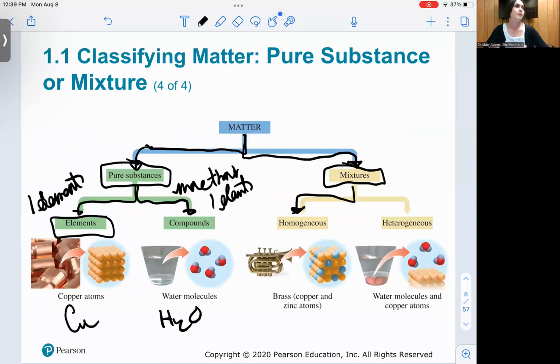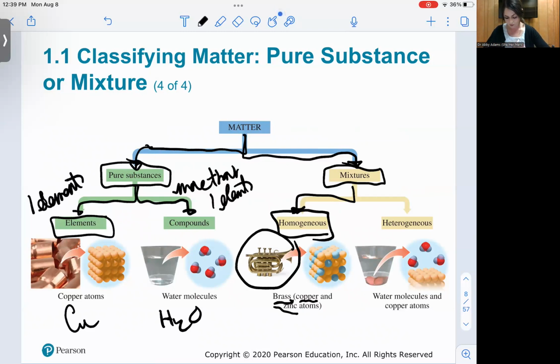If you look at a trumpet or a French horn, something that is made of brass, brass is not an element. It is not a compound. That is a mixture of substances of copper and zinc atoms. But you can't really see individual copper and zinc. This is a homogeneous mixture.